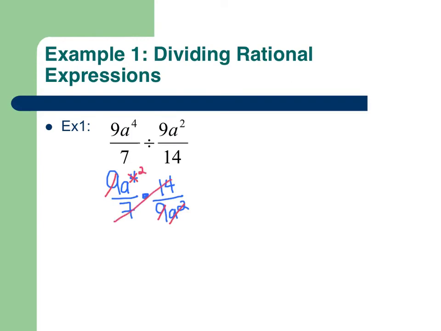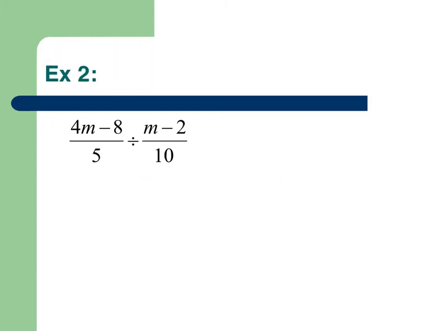And then 7 goes into 14 twice. So we end up with 2a² over 1, which is just 2a². Alright, we don't have any restrictions on the domain since my answer here doesn't have any decimals or any denominators.